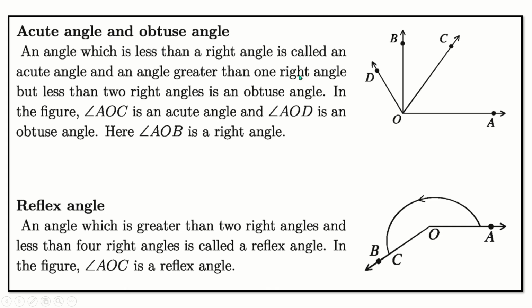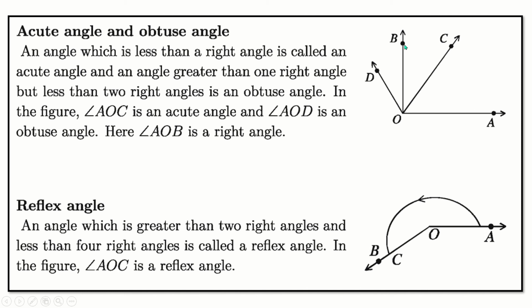Acute angle and obtuse angle. Acute angle means the measurement of the angle is less than 90 degrees, and obtuse means the measurement of the angle is greater than 90 degrees. Here AOC is an acute angle, or BOC, this is an acute angle, but AOD is an obtuse angle because this is greater than a right angle.